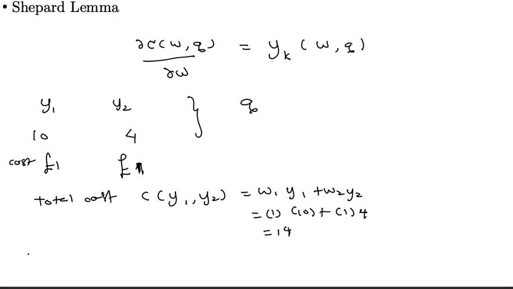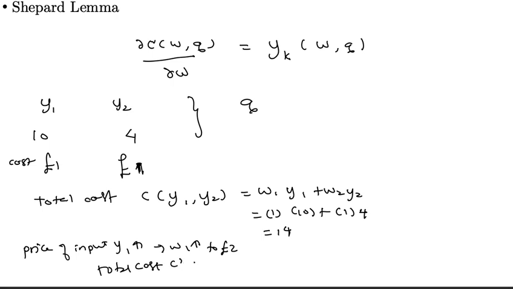Now let's say the price of input Y1 increases. That means W1 increases, let's say to 2 quid. So what is the new total cost? The new total cost, let me put it as C prime of Y1, Y2, is W1 prime Y1 plus W2 Y2.